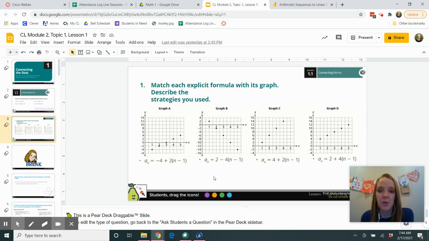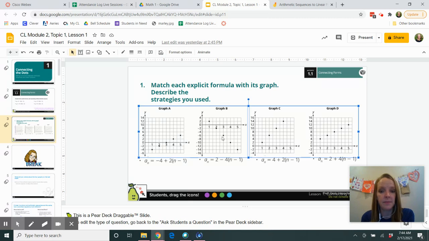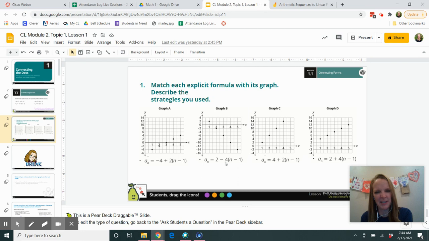Okay, let's look at another one. Let's look at graph B. So graph B, it says the first term in the equation is a 2. Okay, well, when x is 1, the y value is 2. Okay, good, I like that. All right, and here, the common difference is a -4. Okay.